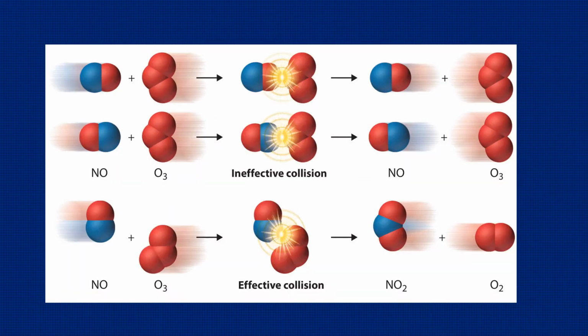Another issue is that the molecules don't have to just collide, they have to collide in the right orientation. If we look at the first one, these two here collide. So these two are going to break apart, but that's the only thing that's going to break apart.